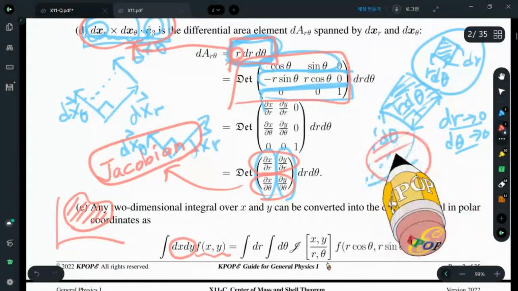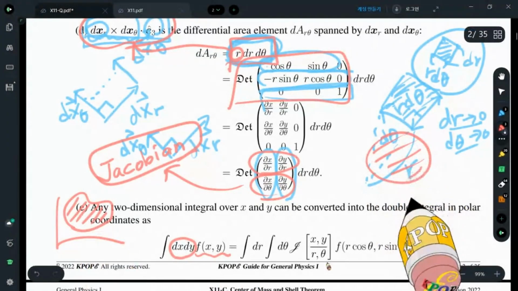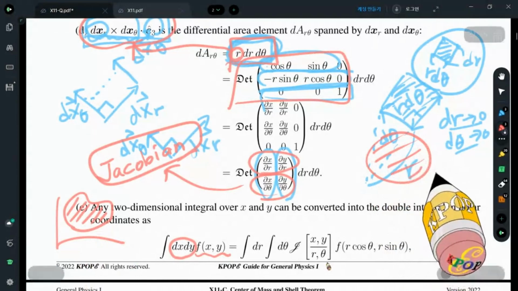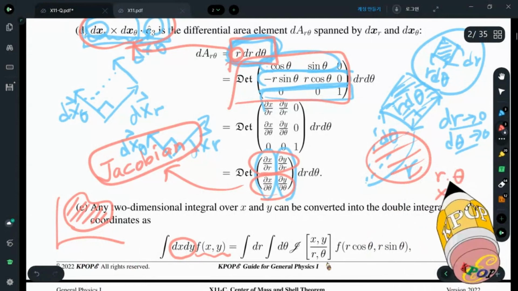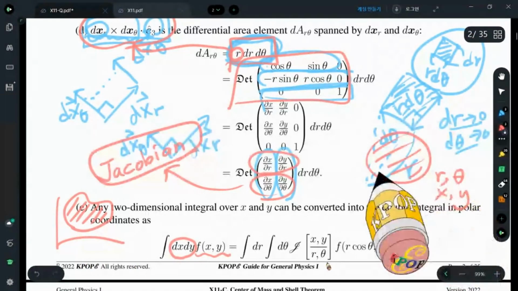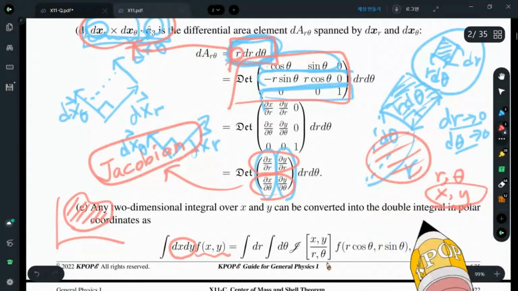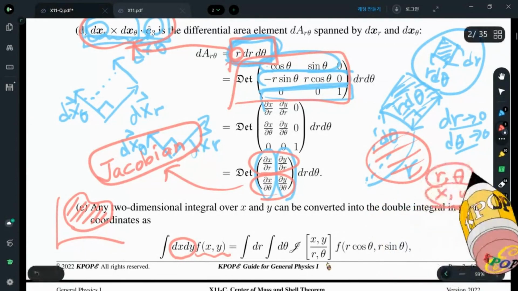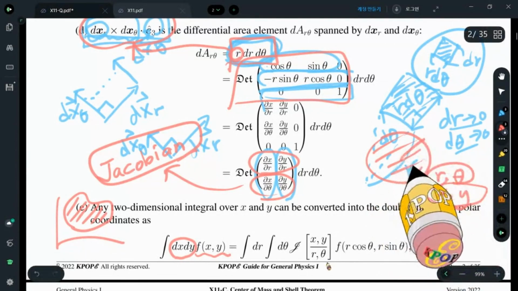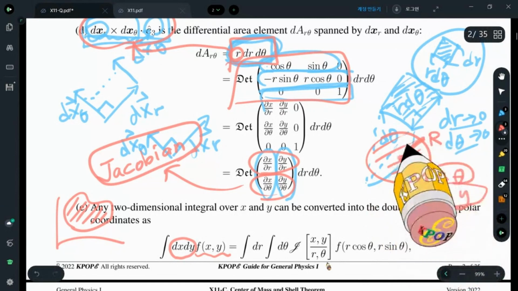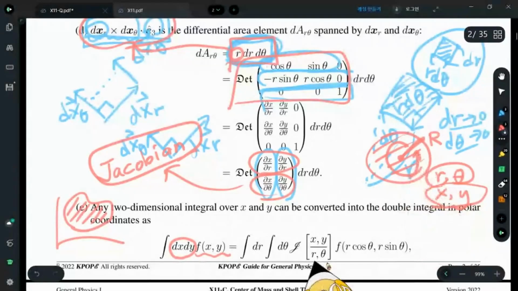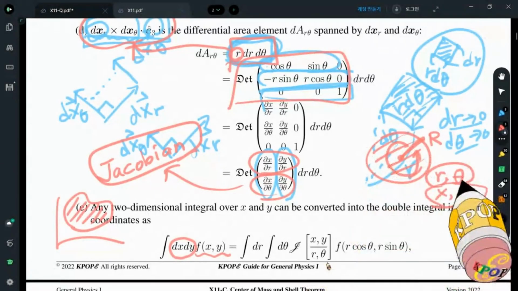For example, if I have a circle, this integral is much more convenient if I make use of r and theta, but it is rather cumbersome to compute the integral over x and y. The reason is that r ranges from 0 to some radius r, and theta is simply 0 to 2 pi.